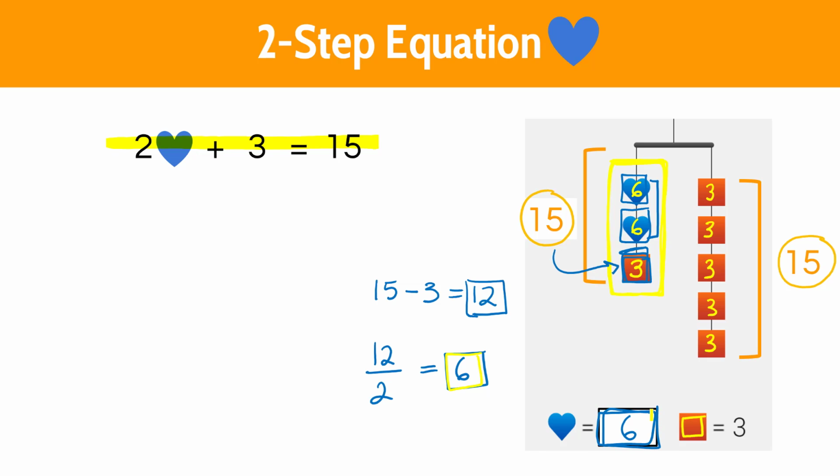Now, how do we go about solving this equation that's represented as 2 hearts plus 3 equals 15 without doing that little mobile investigation and putting those puzzle pieces together? Well, part of the process is in the work that we did.